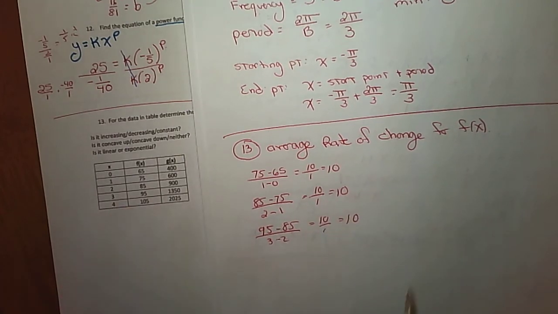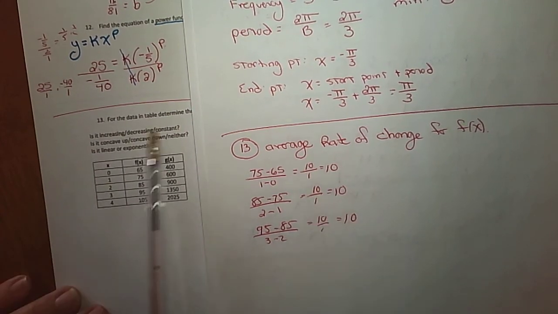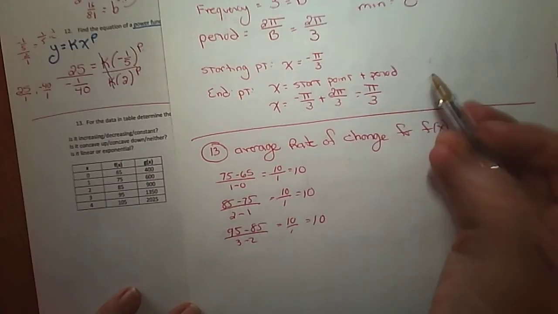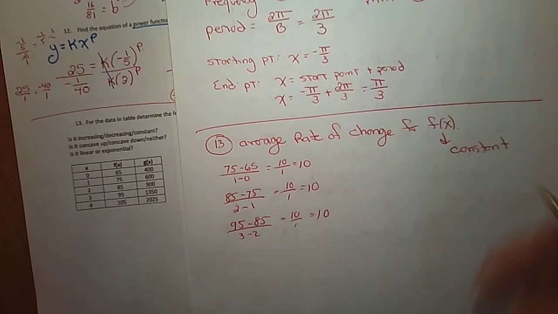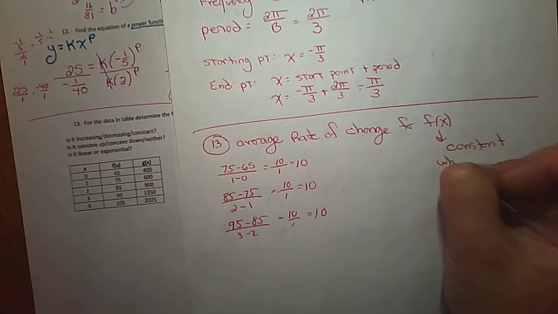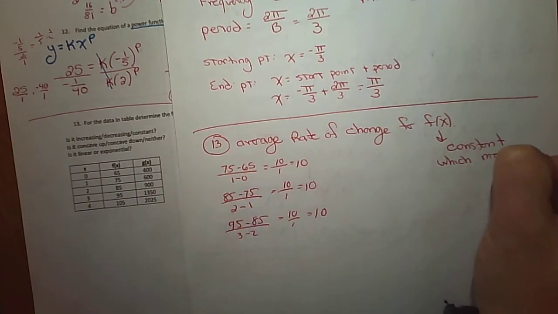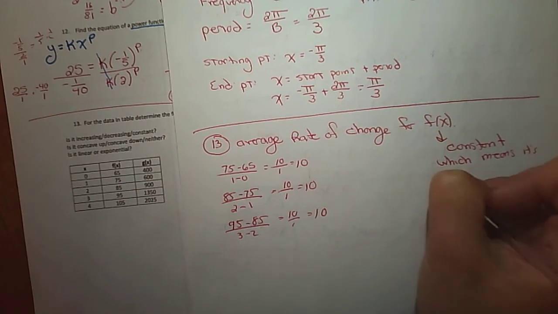All right, so this tells me a couple of things. My average rate of change is constant. So I know for f of x, it's a constant, which means it's linear.